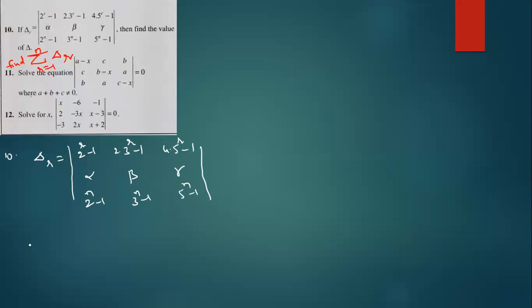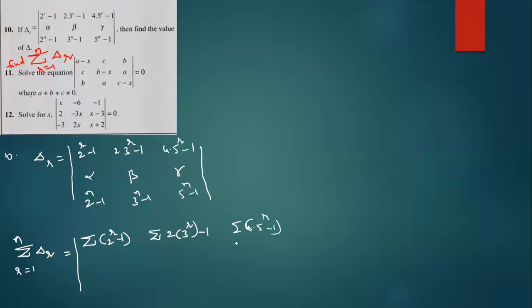See, when I'm applying sigma, delta r means what? Put r is equal to 1, delta 1, put r is equal to 2, delta 2, delta 3. That takes a lot of time. What is the procedure? Directly sigma 2 power r minus 1, sigma 2 into 3 power r minus 1, sigma 4 into 5 power r minus 1.